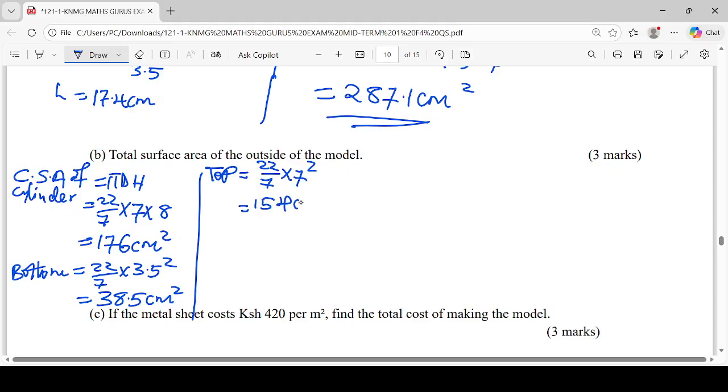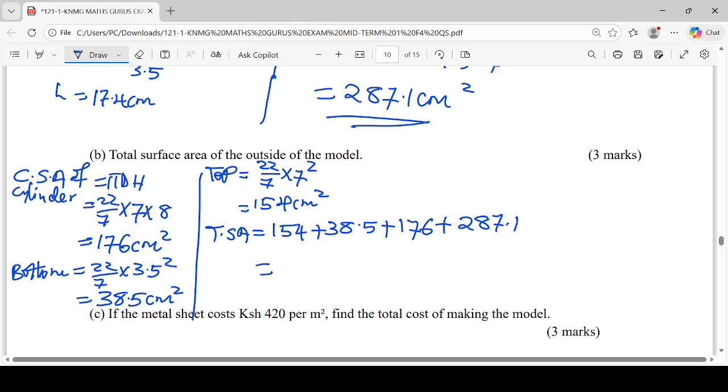That is 154 square centimeters. So the total surface area: you take the top, which is 154, plus the bottom, which is 38.5, plus the curved surface area of the cylinder, which is 176, plus the curved surface area of the frustum, which we found to be 287.1.